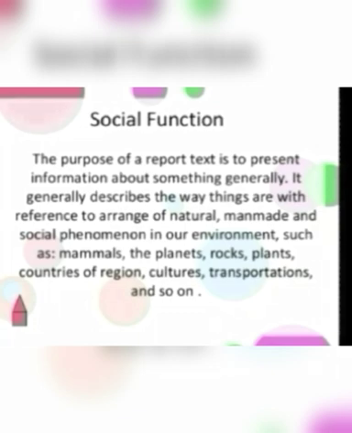It generally describes the way things are, with references to a range of natural, man-made, and social phenomena in our environment, such as mammals, the planets, rocks, plants, countries or regions, cultures, transportation, and so on.